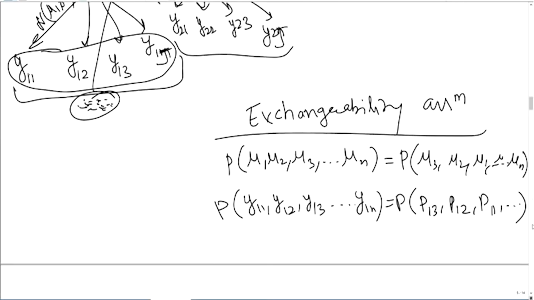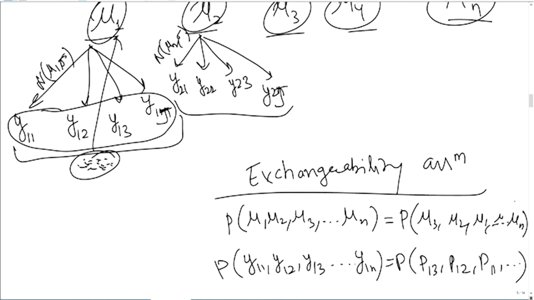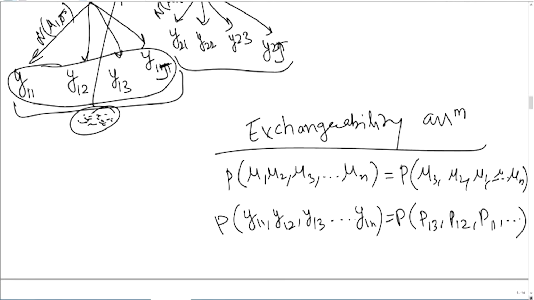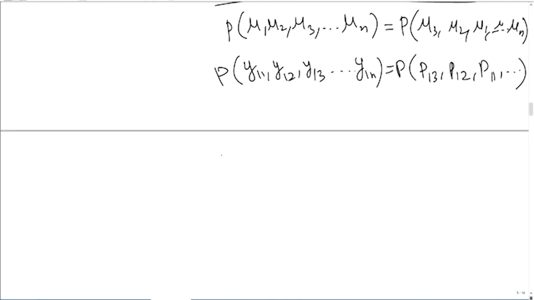In fact, you can also say that this is just a property of exchangeable random variables, that they are conditionally independent and identically distributed. So, for example, if I think about these data points coming from school 1, y11 to y1n.